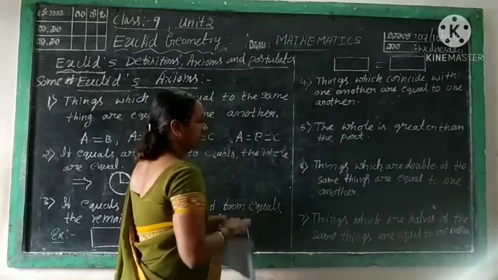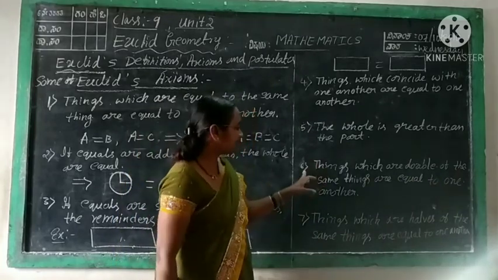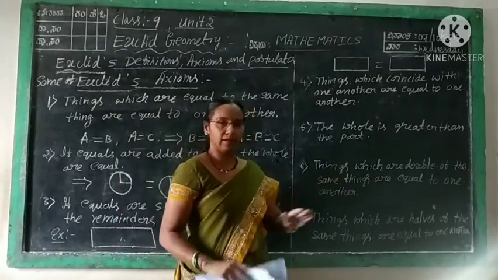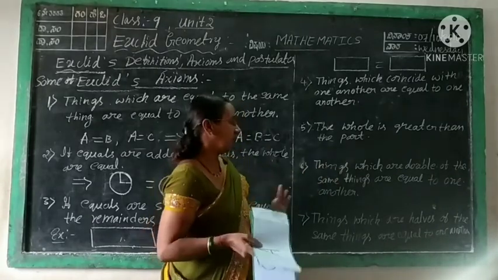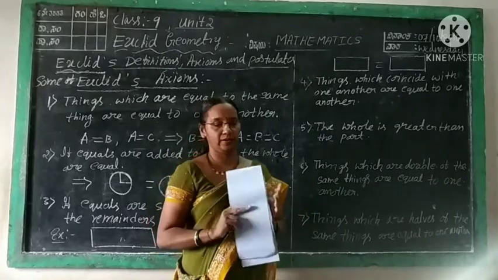The meaning of the sixth is, things which are double of the same things are equal to one another.